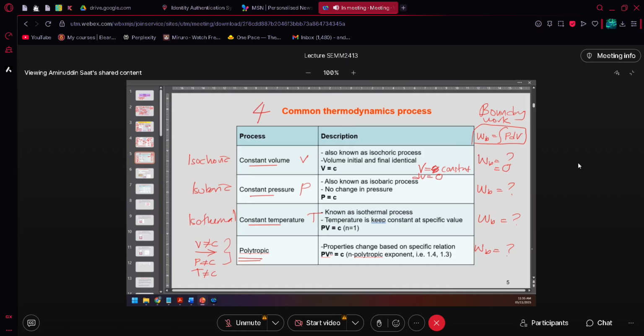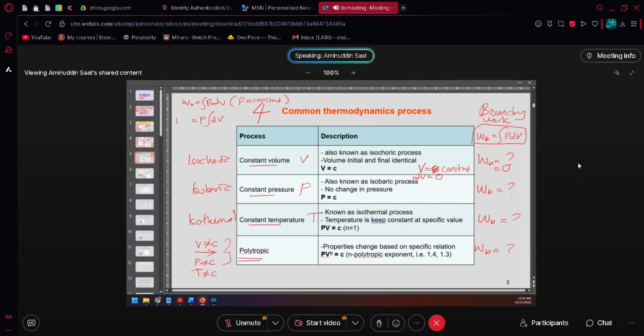Second is pressure constant. We can do some derivation. Boundary work is the integration of PdV. We know that pressure is a constant, so we can bring the constant value out from the integration.